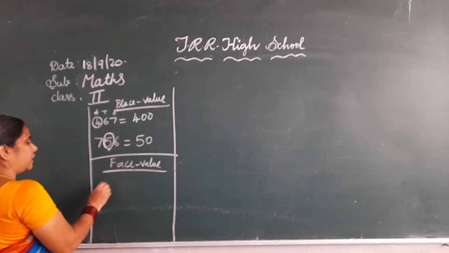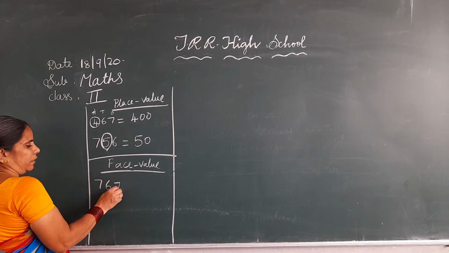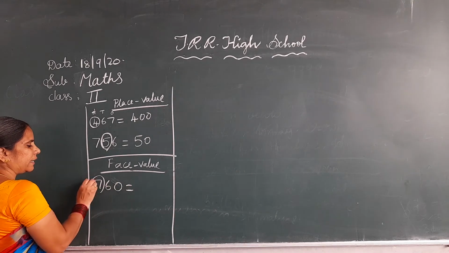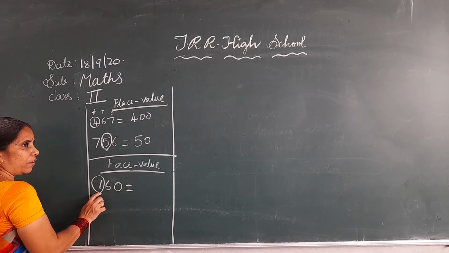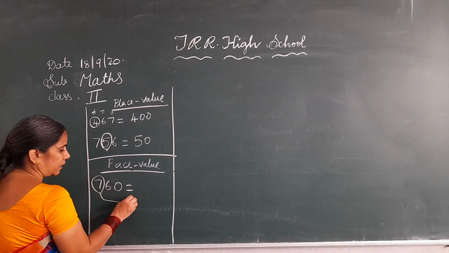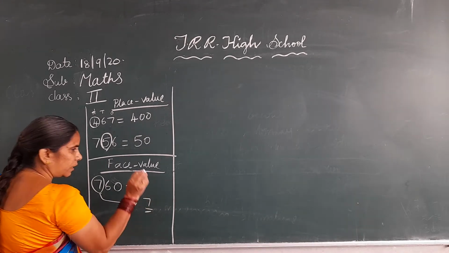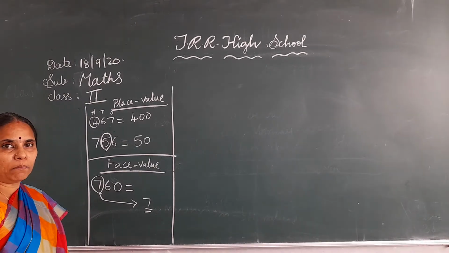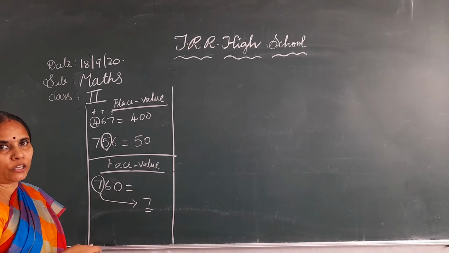Face value means the same number you will get. If they circled 7, the face value of 7 is 7 only. Same number you will get. Already yesterday I gave you the example also, keeping the mirror in front of you.